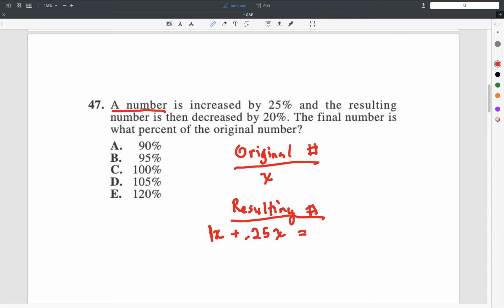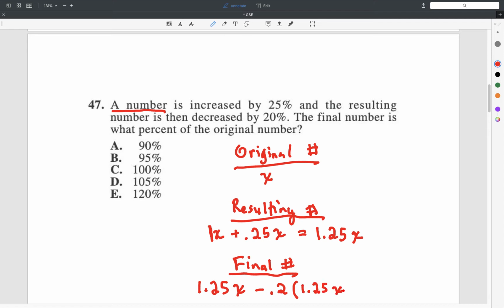So 1x plus 0.25x, that's going to be 1.25x, okay? And now we are going to get our final number by decreasing that by 0.20 or by 20%. So we can write that as 1.25x minus 0.2 times 1.25x. Okay.